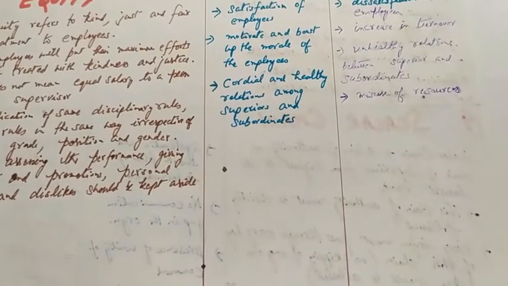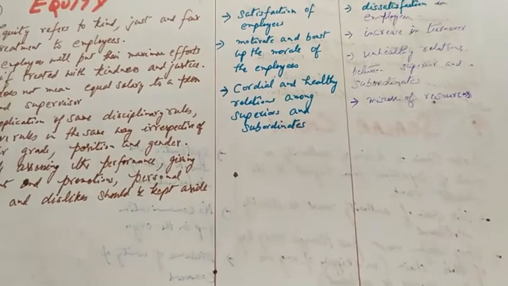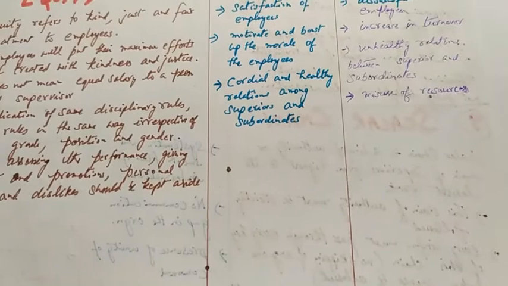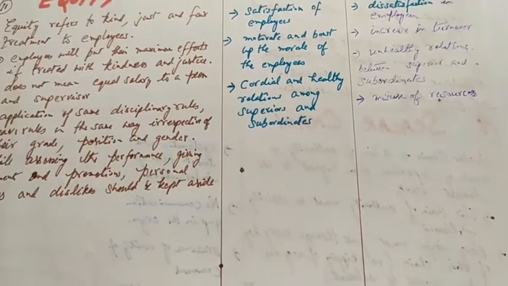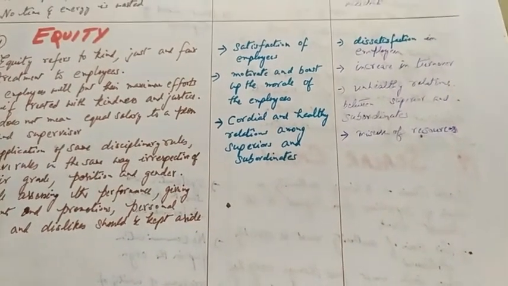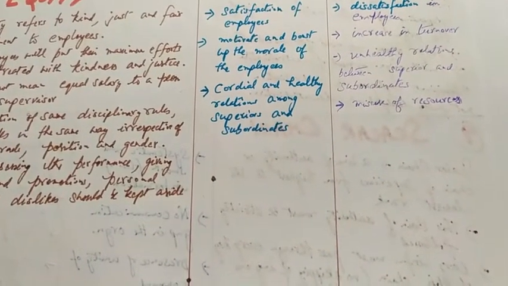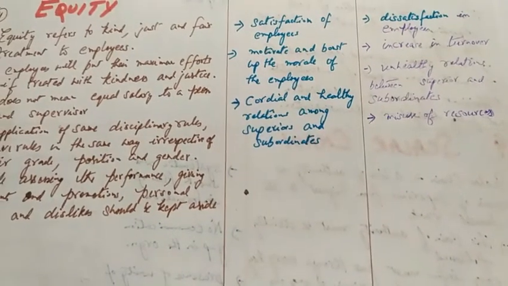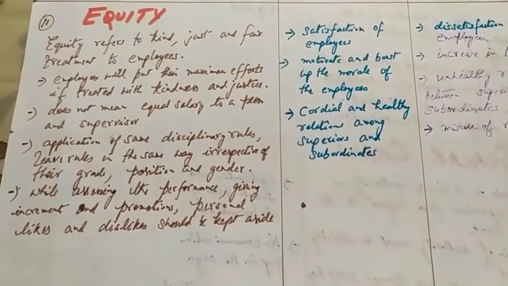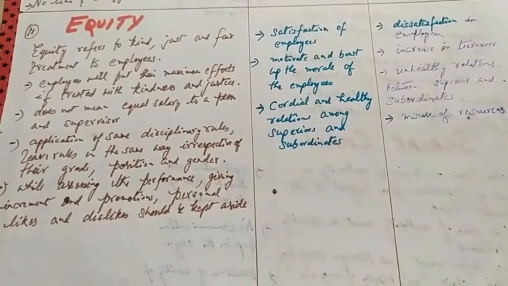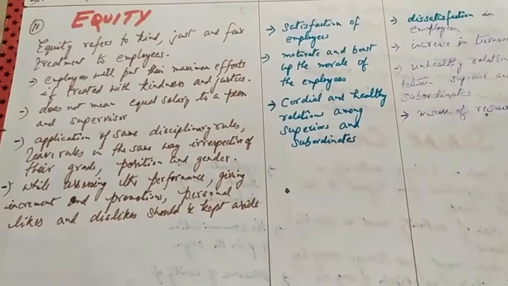There should not be any partiality where a person at a top or higher position can escape from any mistakes, whereas those at a lower management will be punished in an unjust way. That should not be the approach if one has to have equity in the management.